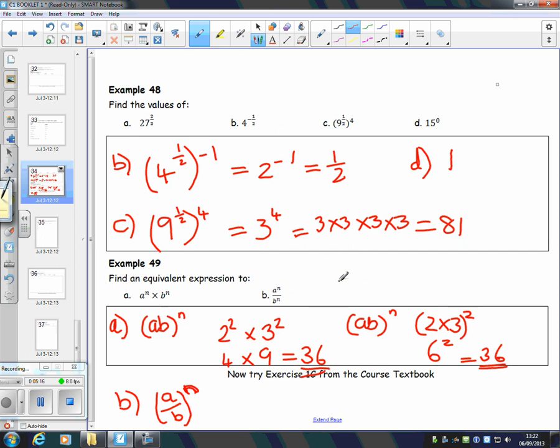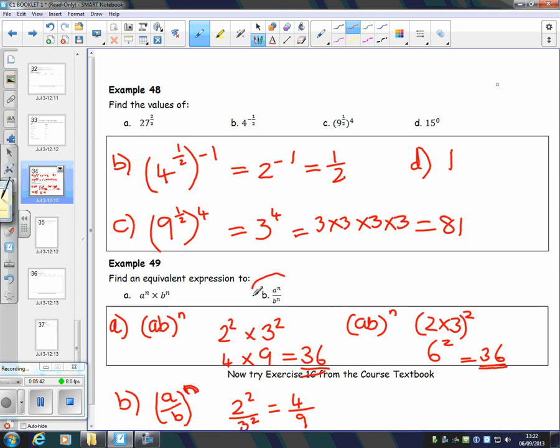And again, if you want to use an example to show that that works, let's use A as 2 again, B as 3, n is 2: 2 squared, which is 4, over 3 squared, which is 9.